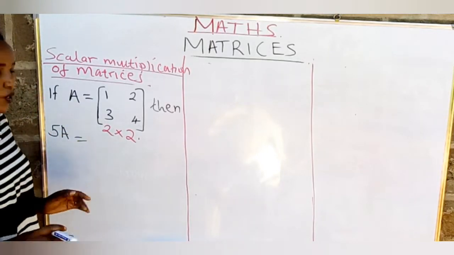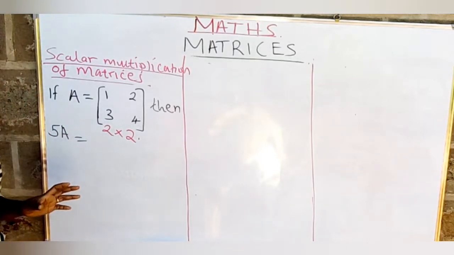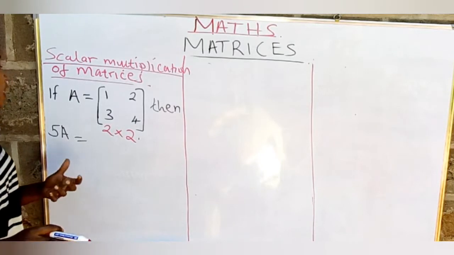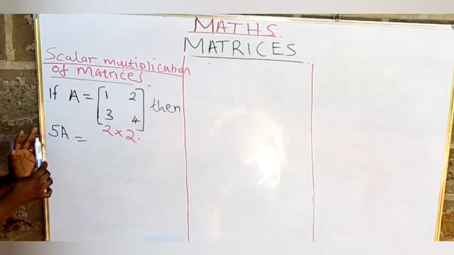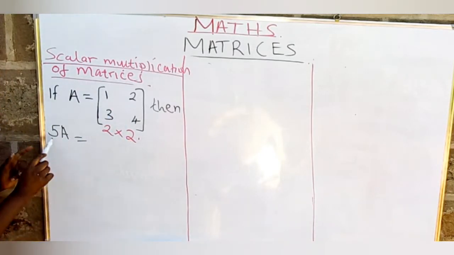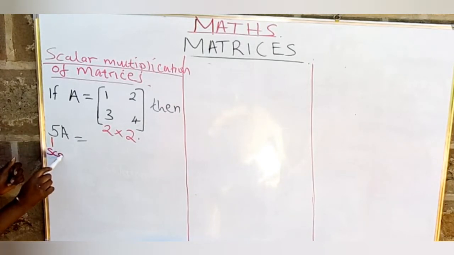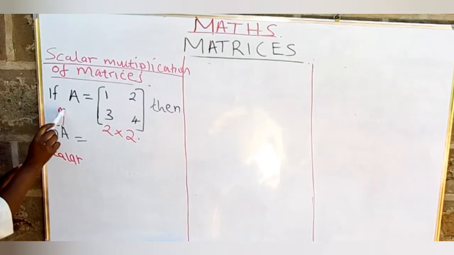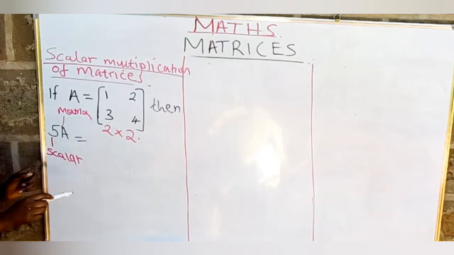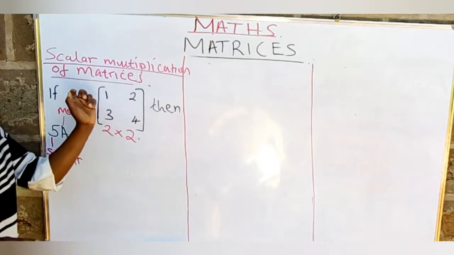Now that is not what we are looking at now. We are concerned with scalar multiplication. Given this matrix, what is 5A? In this case 5 is our scalar, and A is our matrix. So that is why we are looking at scalar multiplication.